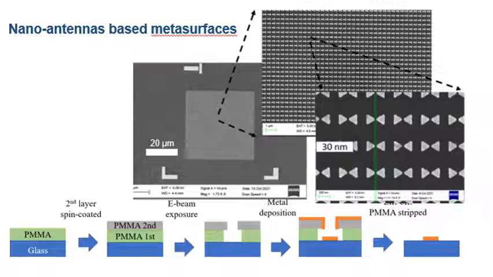Next process example I want to talk about is nano antennas based meta surfaces. This is a very hot area in photonics and also in microwaves actually, but these are very small scales for photonics.